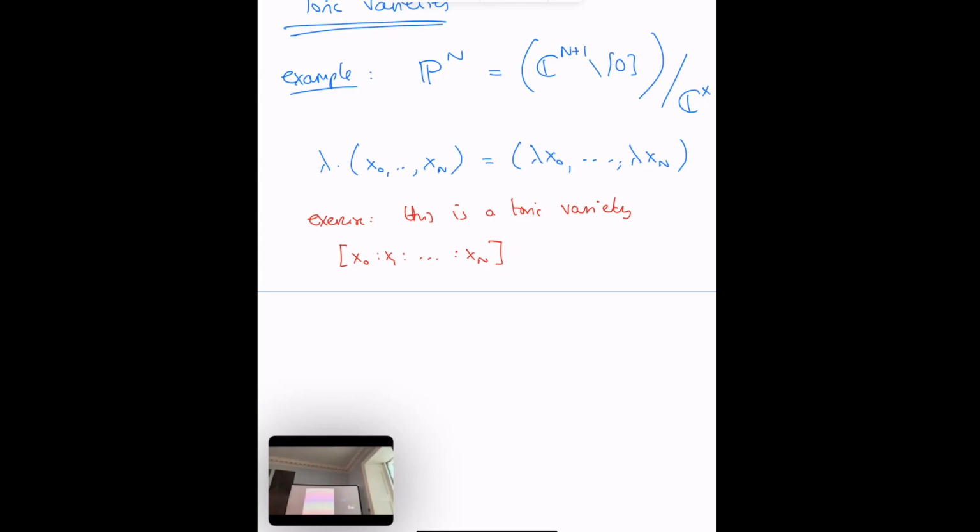I'm going to leave that for you, but there is an action of the n-dimensional torus, and inside this is an n-dimensional torus, because if I look at these, where the last coordinate is 1, and I insist that none of these numbers are 0, then I found myself a C star to the n inside this. You need to check that there's the action as well, but there is.